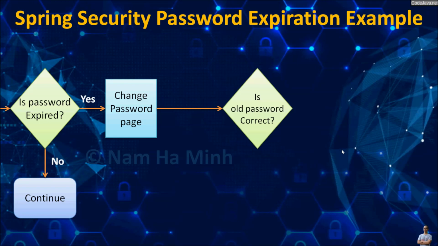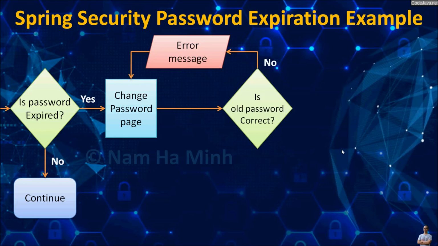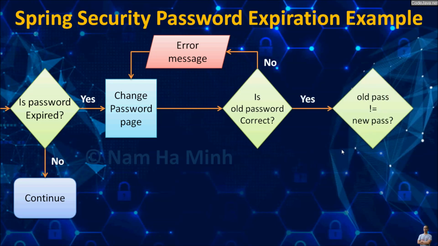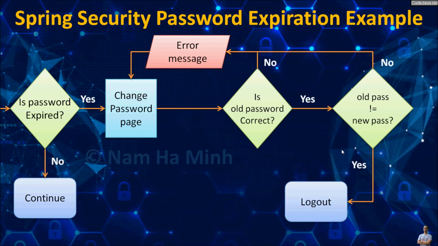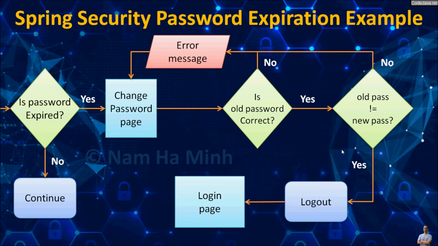If the old password is incorrect, it will display an error message. And if the old password is correct, it will check if the old password is different than the new one. If not, display an error message. Or if the old password is different than the new one, the application will log the user out and then display the login page, requiring the user to log in again with the new password.